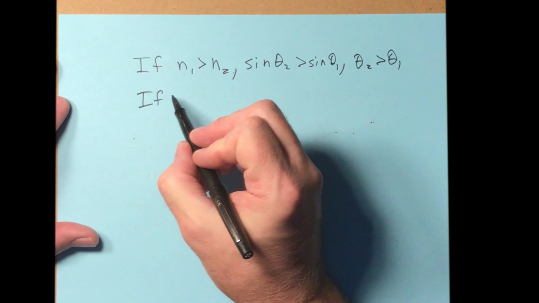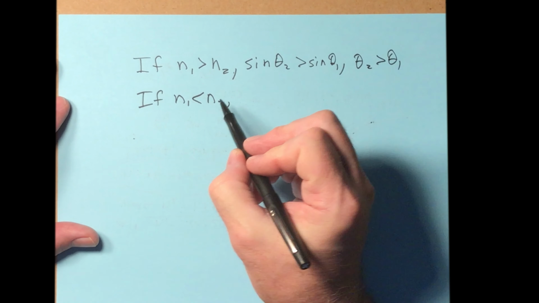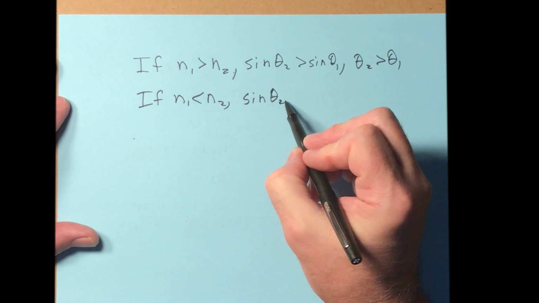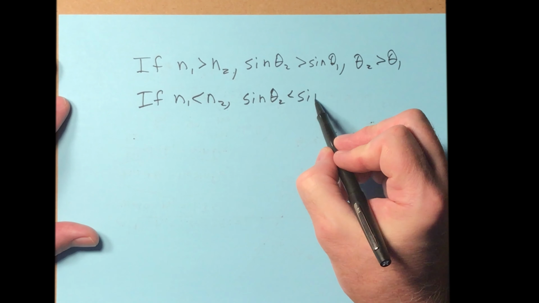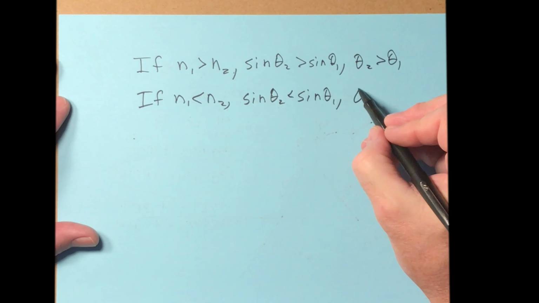But if N1 is less than N2, then the sine of theta 2 is going to be less than the sine of theta 1, which means that theta 2 is less than theta 1.